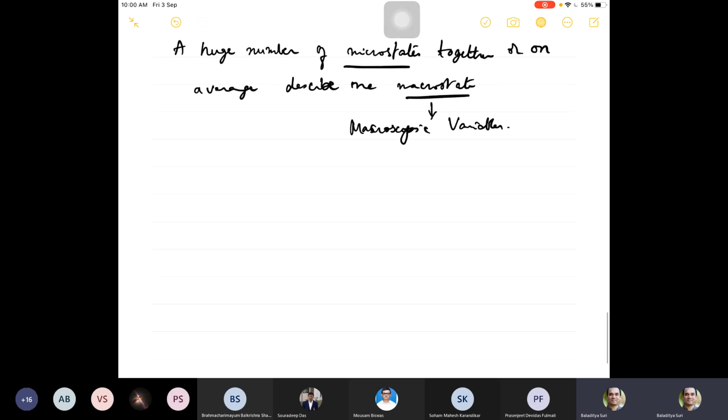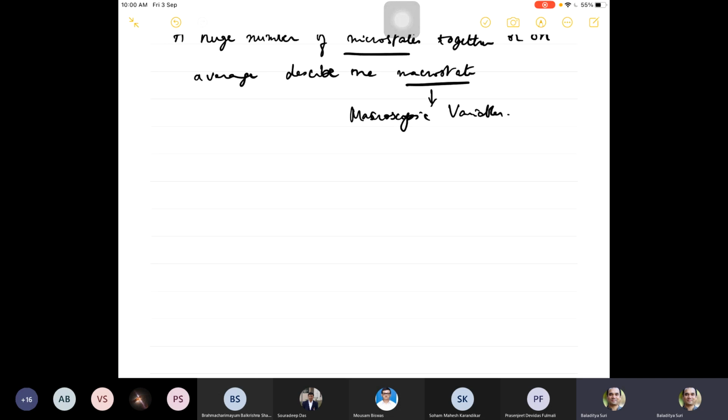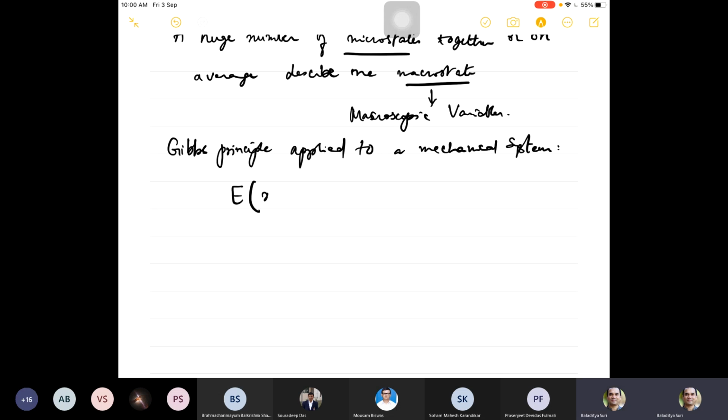Okay, now the Gibbs principle applied to a mechanical system, and by mechanical system I mean that the energy is now a function of all 6n, in principle a function of all 6n coordinates and momenta.